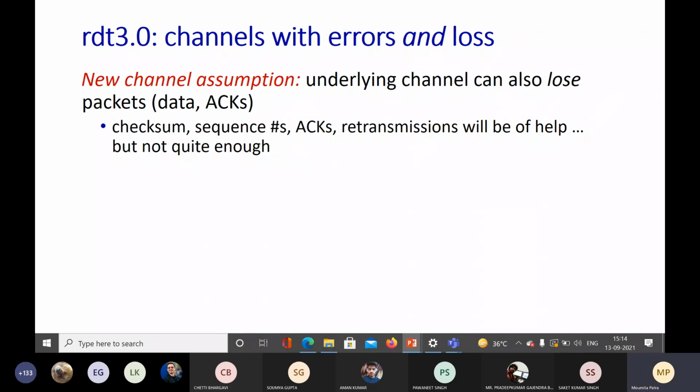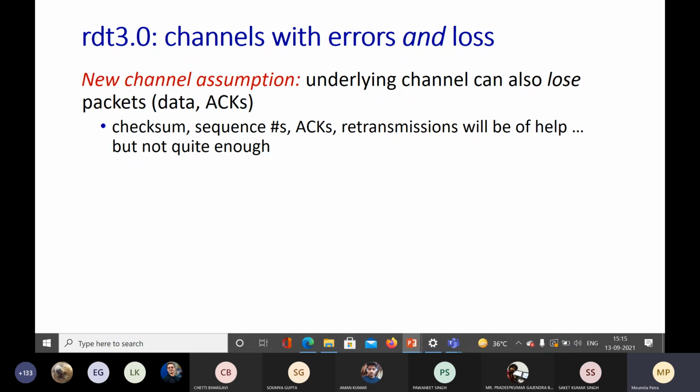Okay, so now we are going to look at a real scenario, now we are basically building the protocols, right? This is a more realistic scenario, that is RDT 3.0, where your channels will have errors as well as packet loss. Okay, so it can lose packets, that is data packets, and it can also lose ACK packets.